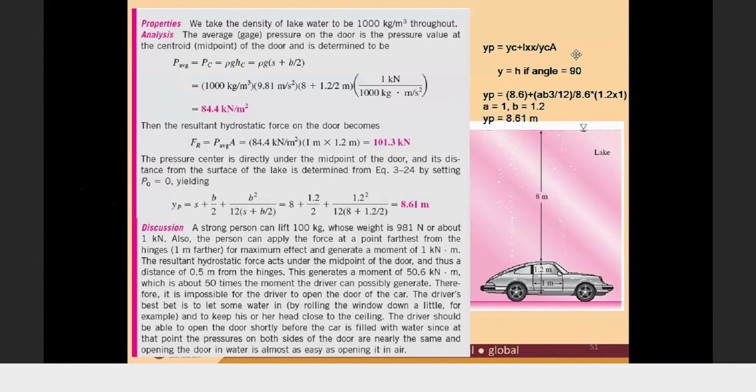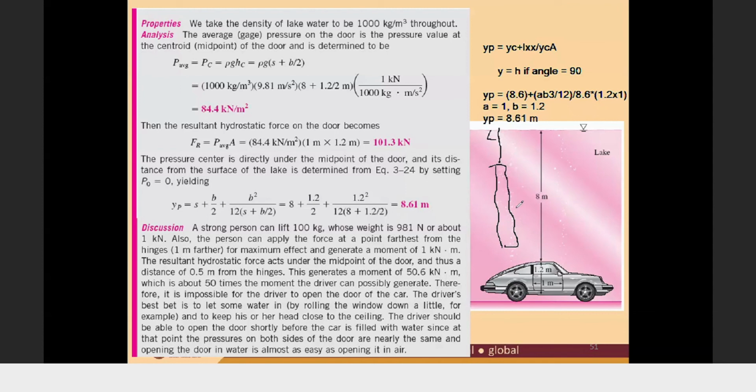Why this 90 degrees? Because when you look at the front, the surface is like this. The door. So 90 degrees.